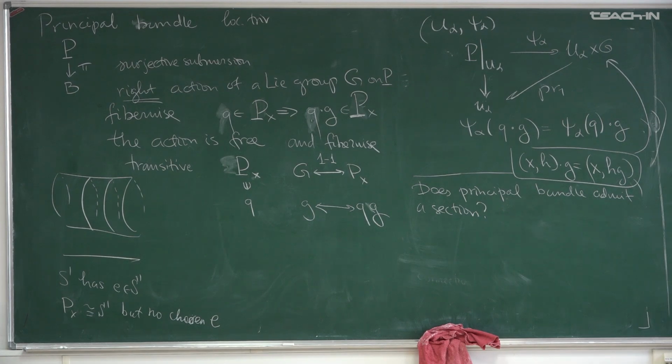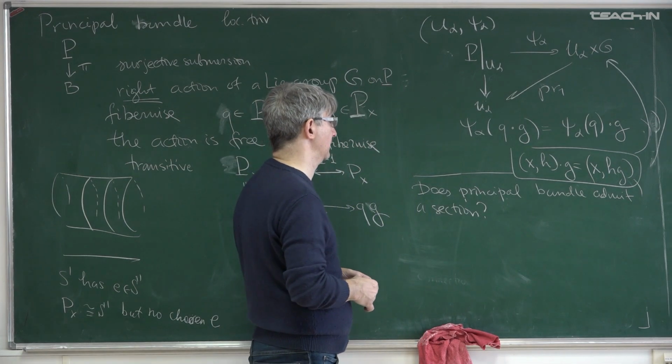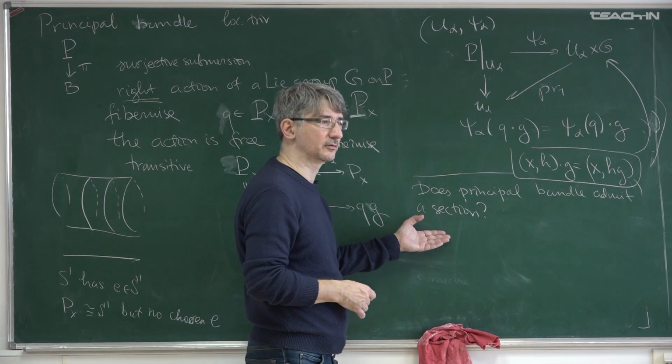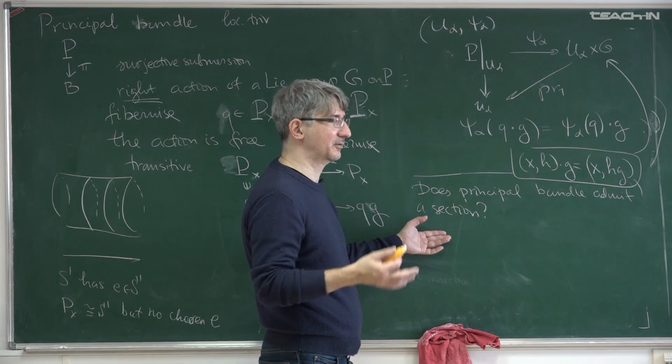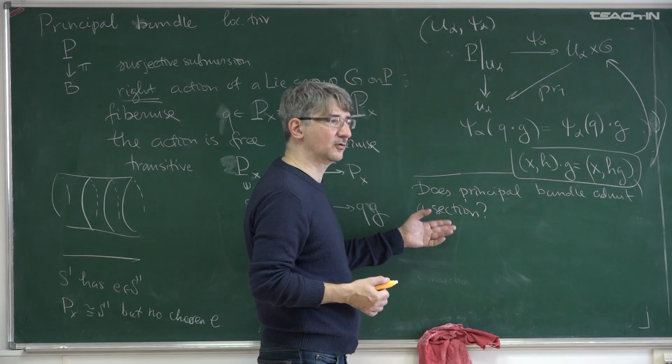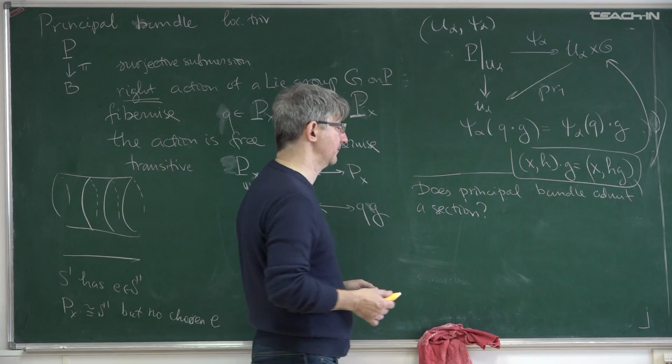For example, the zero section. Otherwise, you can take some bump function and zero, zero, zero. There are many sections for vector bundles. But if we speak about a principal bundle, does it admit a section or not? Very interesting question. The answer is very surprising: if and only if this principal bundle is trivial.